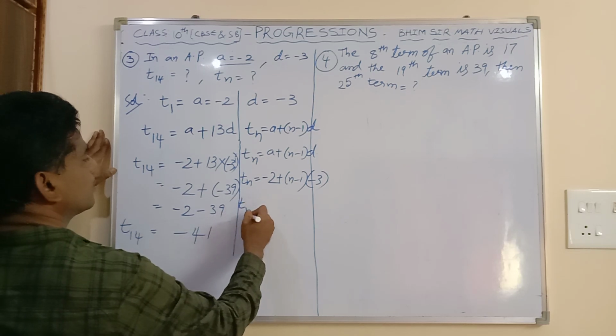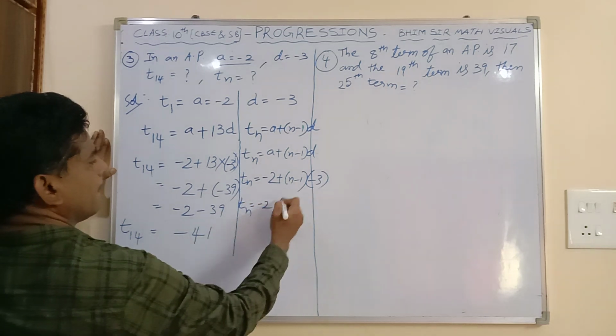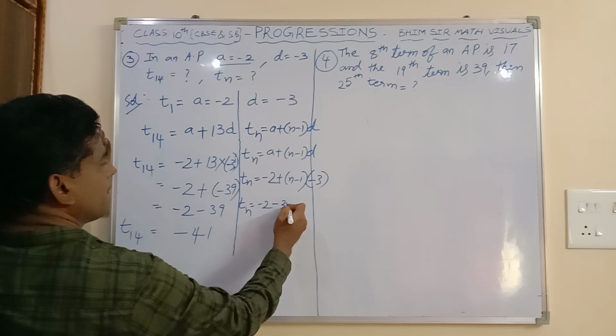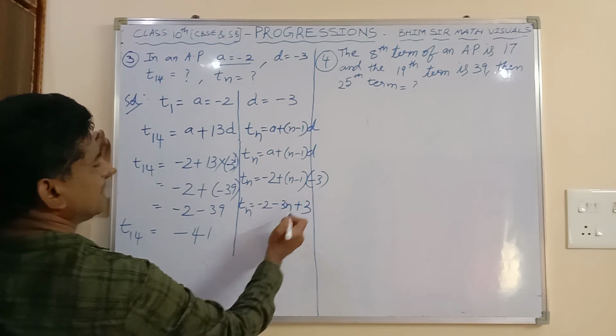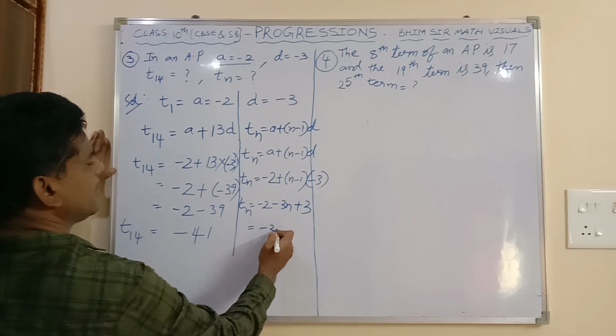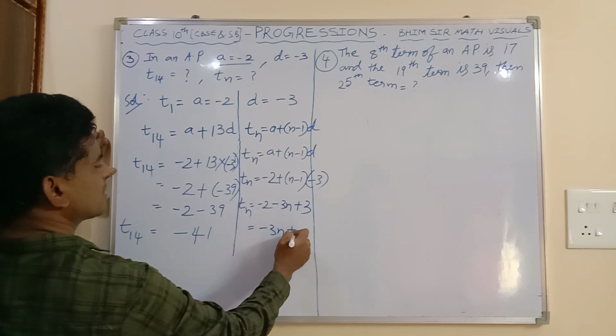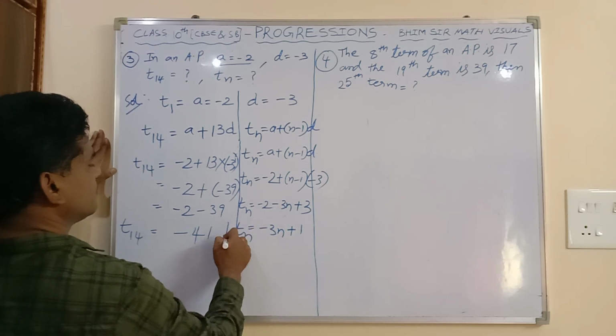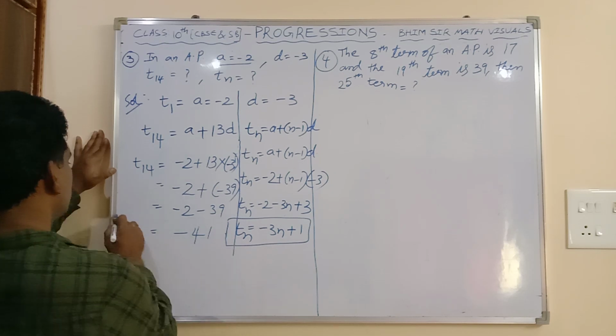So Tn equal to minus 2 minus 3n, minus of minus is plus 3. So minus 3n plus 3 minus 2, which is plus 1. This is the nth term: Tn equals minus 3n plus 1.